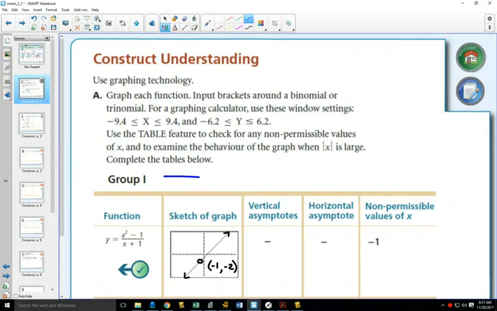Can you see that all 5 of them had an x squared on the top with something and an x on the bottom? In other words, we had a quadratic equation which has a degree of 2 over a linear equation which has a degree of 1.